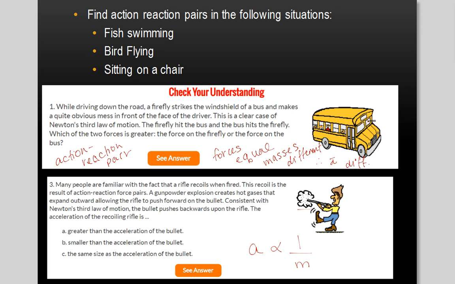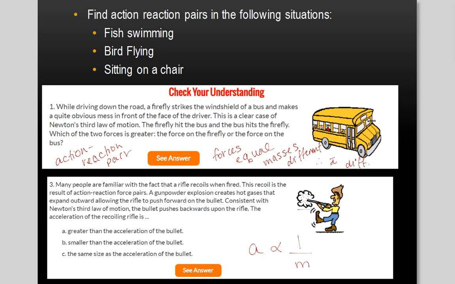Good. So many people are familiar with the fact that a rifle recoils when fired. You guys ever seen that? Shoot the gun, and then it goes into your body. Yeah, there's lots of really funny fail videos on that. Now, this recoil is the result of action-reaction force pairs.